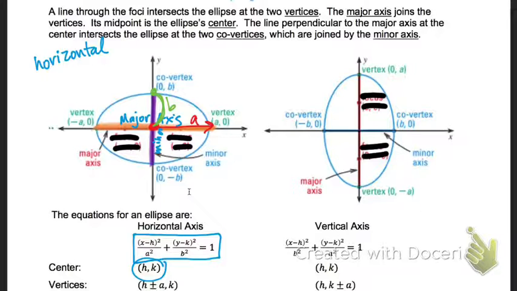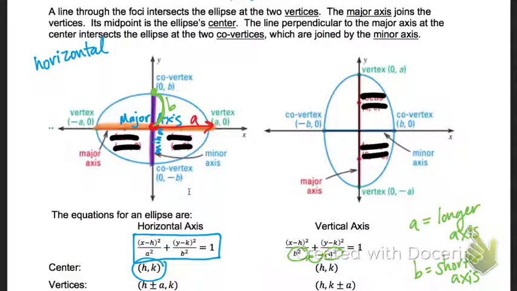But now my major axis is going to be vertical and my minor axis will be horizontal. So the only difference is that the b and the a switch. What I want you to think about is, I don't want you to get caught up in the letters a and b. I just want you to think about a as the longer axis, or the major axis, and b as the shorter axis.